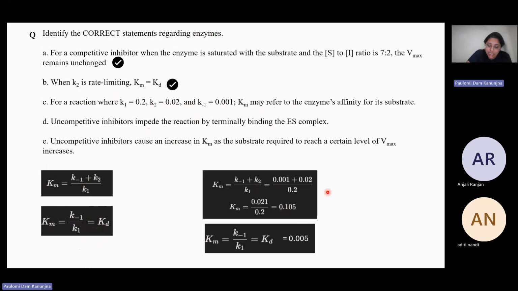So what did you understand by the term terminally here? Or in other words, why did you think this is correct? Okay, no problem.